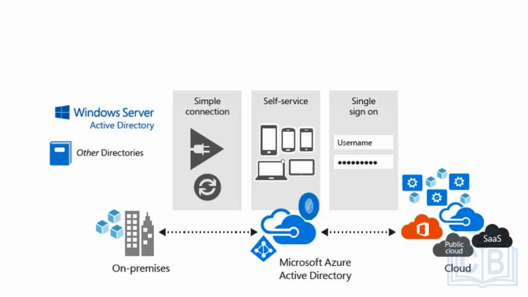If you look at the resources over here, on one side, you have your Windows Server Active Directory, which I was talking about, with the 5 components: ADDS, ADCS, ADLDS, ADRMS, and ADFS. There could be other directories as well, which will help you store the information or work with those resources. So this is something which is existing within your on-premises environment.